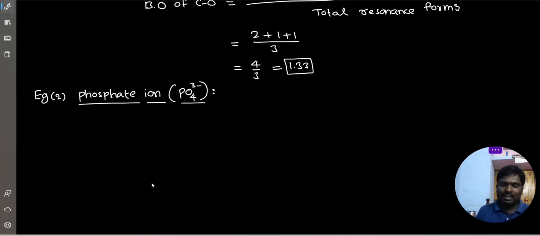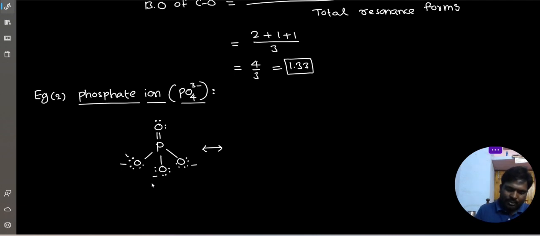This is also a polyatomic ion. So in the phosphate ion, P double bond O, single bond O, single bond O, single bond O. No need to write lone pairs, or otherwise you can write them: single bond means three lone pairs exist according to the Lewis dot structure. Now how many resonance forms are possible here?